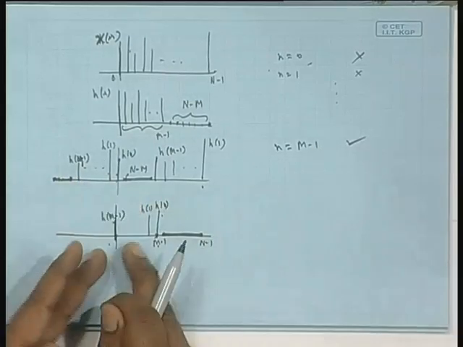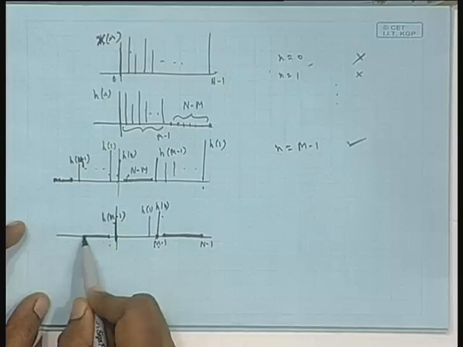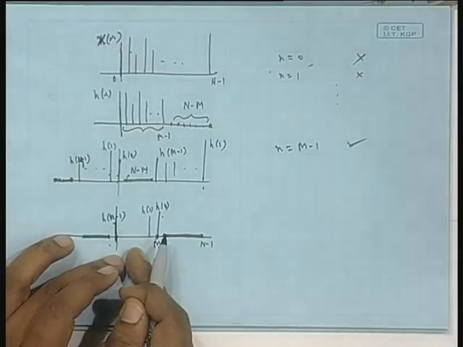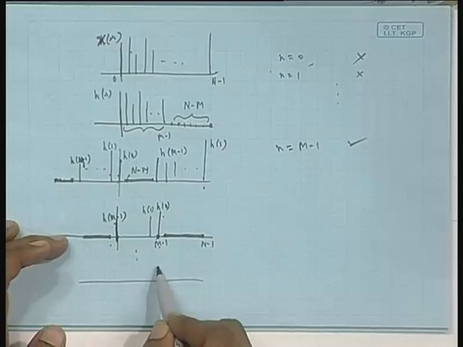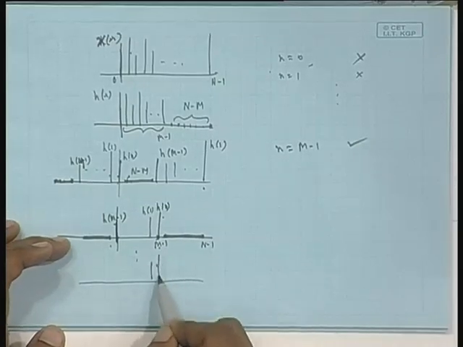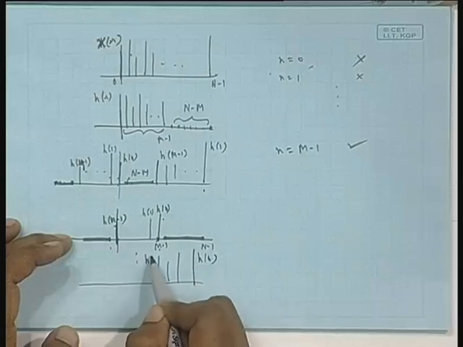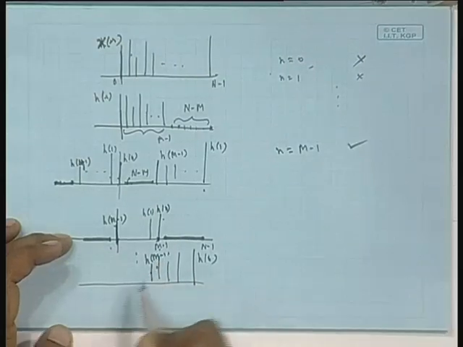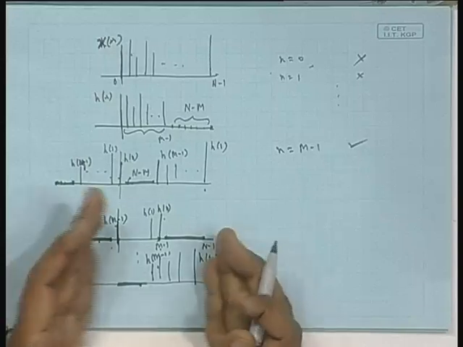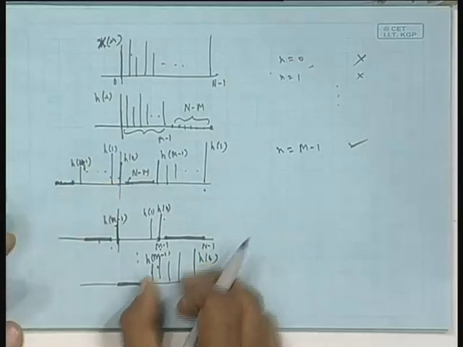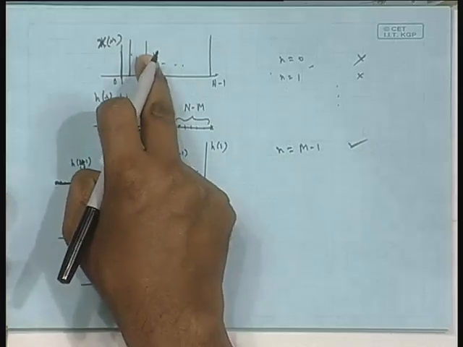After this, you shift it to the right, but who will enter from here? Again the 0 pad, is it not? Finally, dot dot dot, a time will come when again H 0 will come here, H m minus 1 will come here, and this 0 pad will fully fill up this place. Lengthwise, you see, total length has to be n, this is m, this is n minus m, and again this will take care of these fellows.